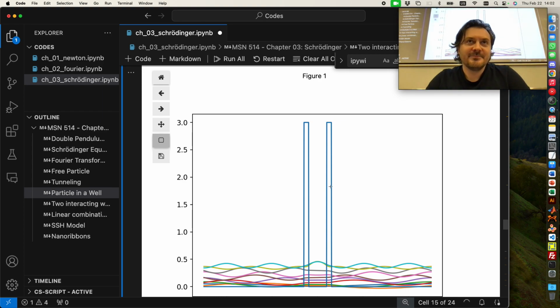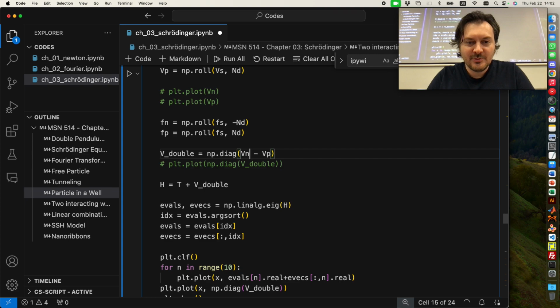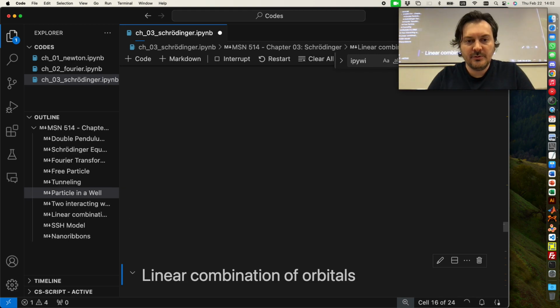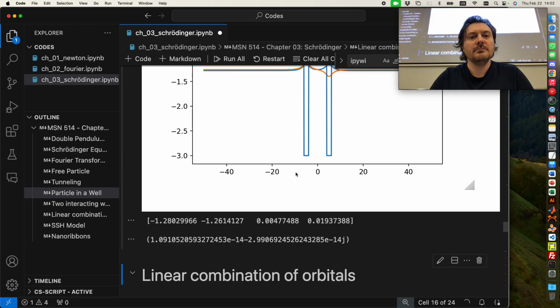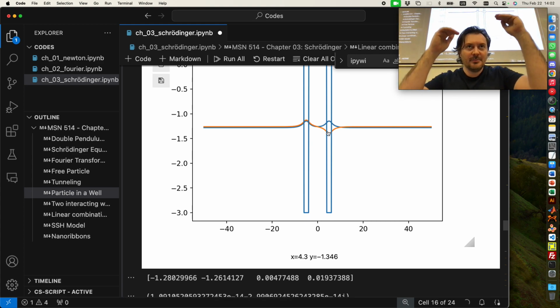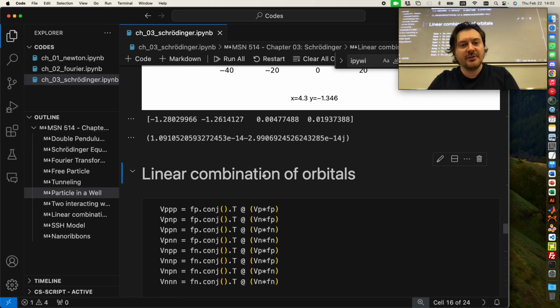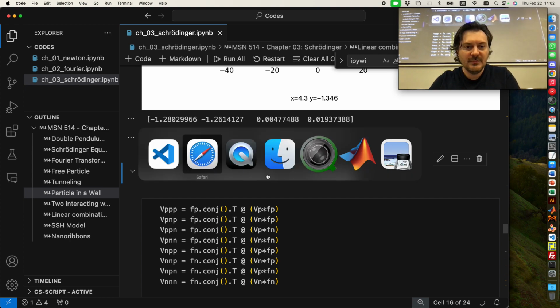Fun stuff, right? Let's go back to what we were doing. We were trying to understand this shift down and up. So we are going to really build this theory of linear combination of orbitals now.